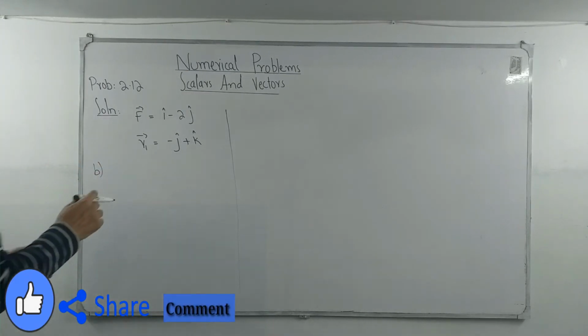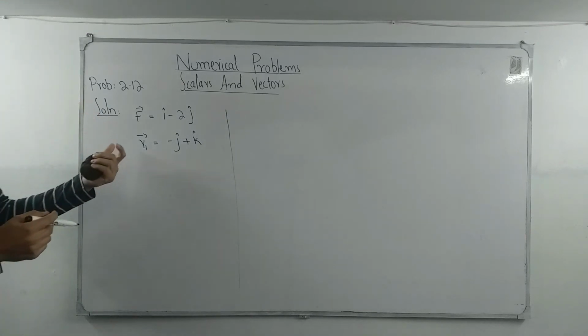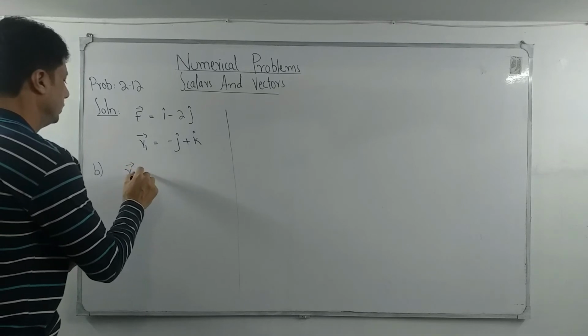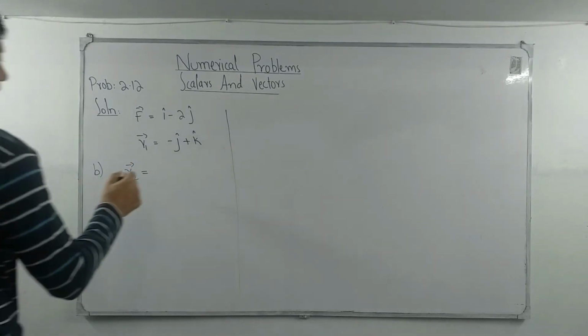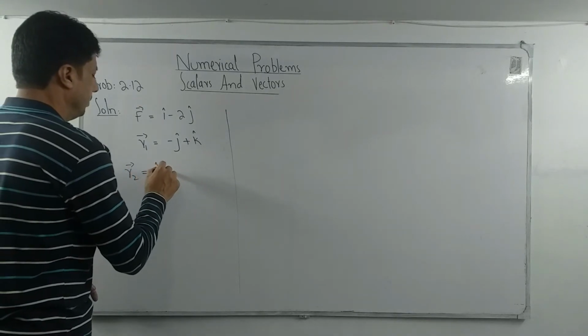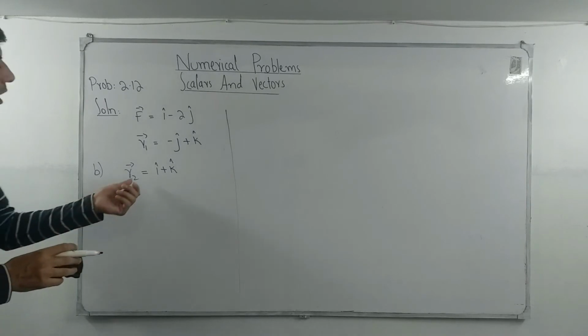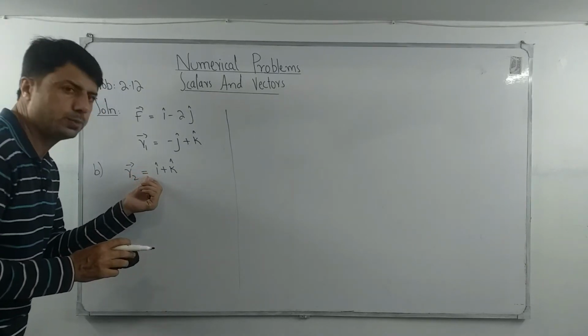The position vector about which the turning effect will be produced is R2, and R2 has been given here. It is equal to I plus k. This is the position vector R2, and the turning effect will be produced about this point.